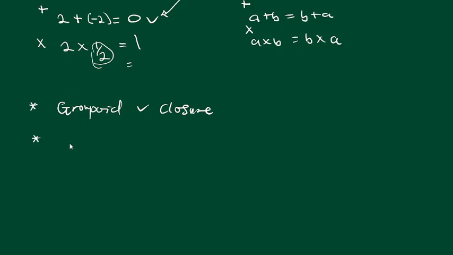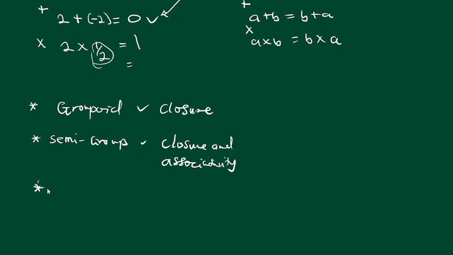When a binary system obeys or satisfies the closure and associativity properties, it is called a semi-group. So both closure and associativity is called a semi-group.